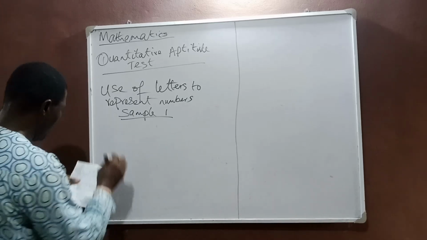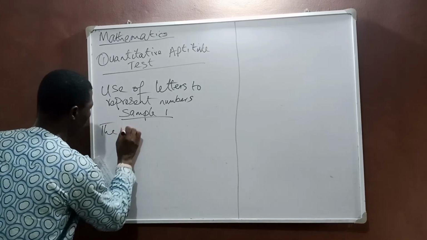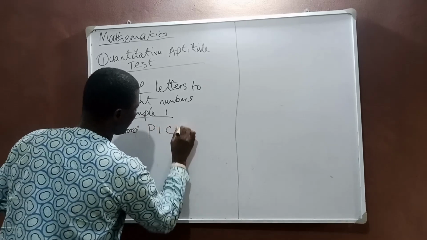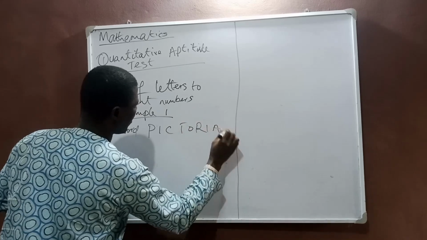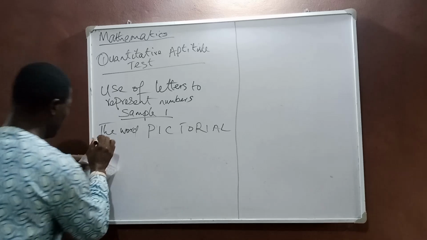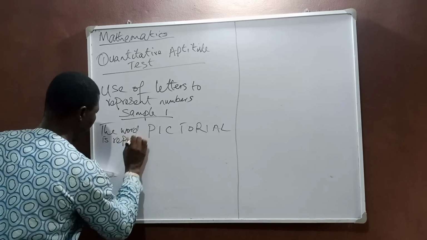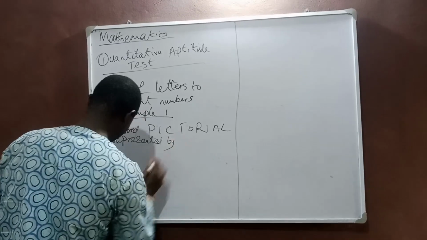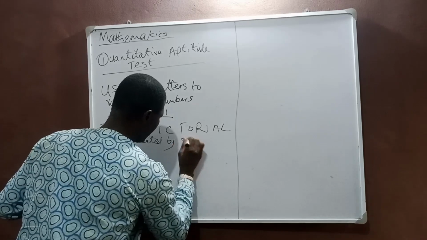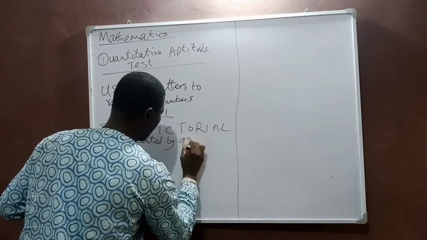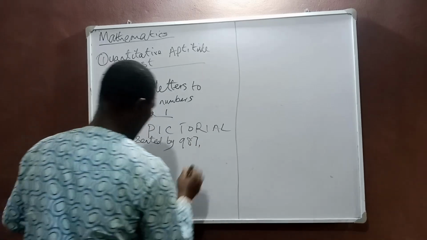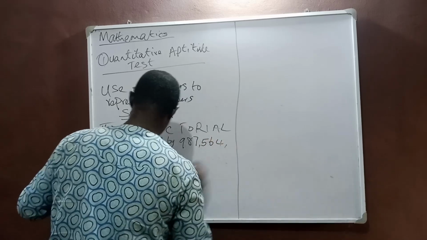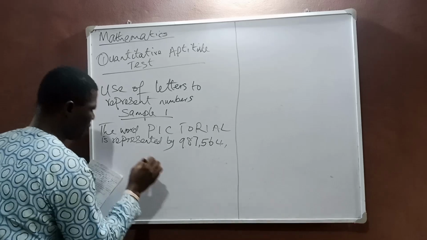Sample 1. The word pictorial is represented by 987, 564, and 832.